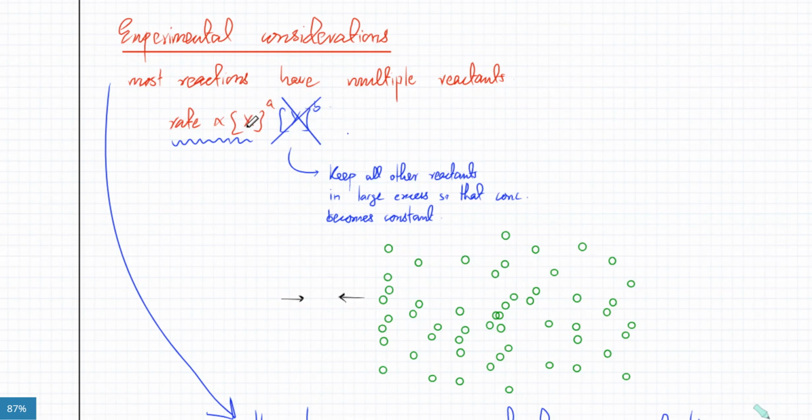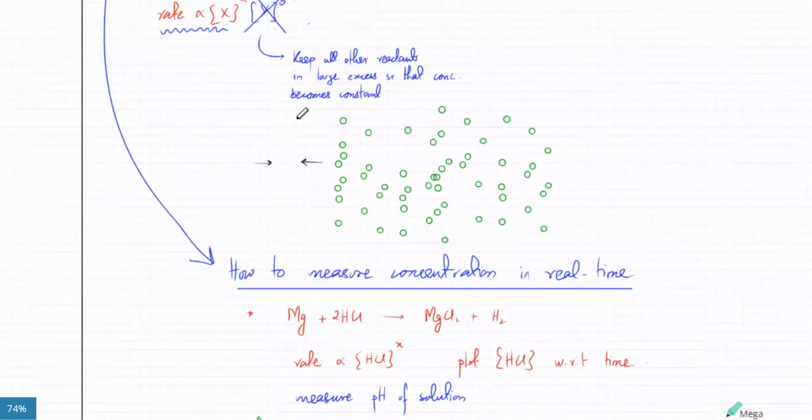So that even if the concentration of X goes to 0, you add so much of the other reactant that its concentration almost remains unchanged. Remember, when you're investigating variables, you want all the other things to remain constant. So during the reaction, how do you keep the other reactants constant? That is by adding them in excess.